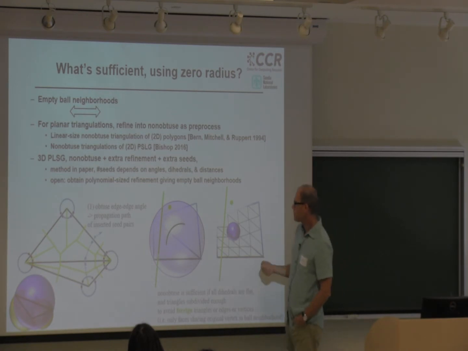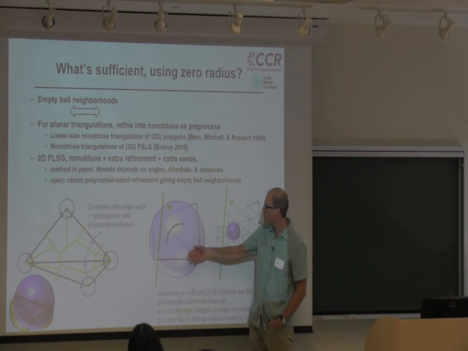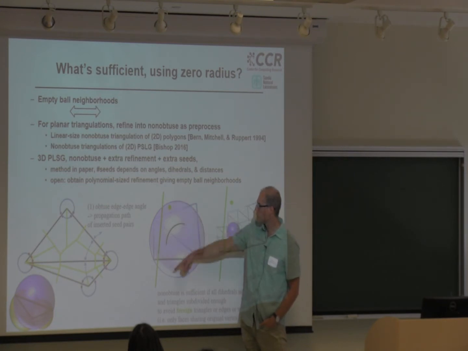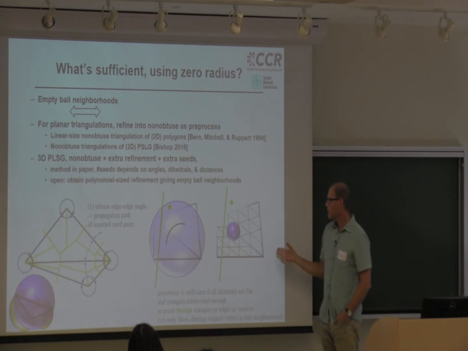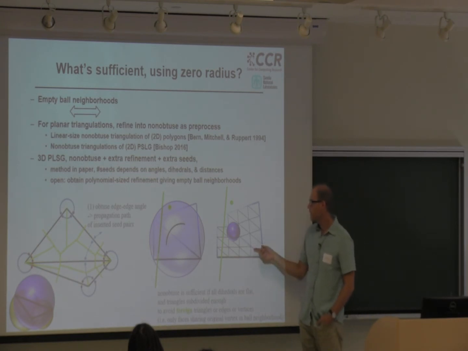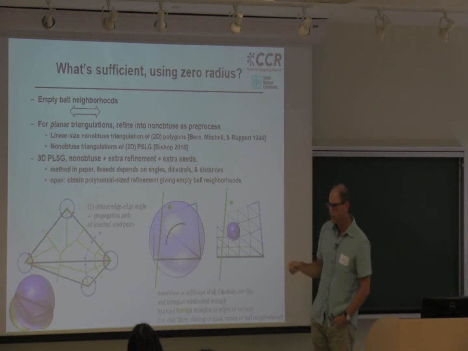And then suppose we have a triangle, and then there's a disjoint input edge that comes close to it. We're going to do uniform refinement on the nonobtuse triangles so that the balls of the refined triangles don't come anywhere close to the other input edges and vertices that aren't part of either of those 2 triangles.